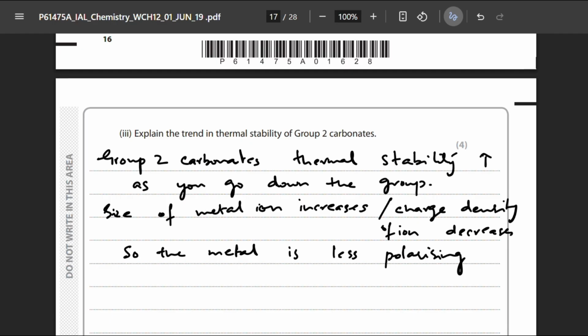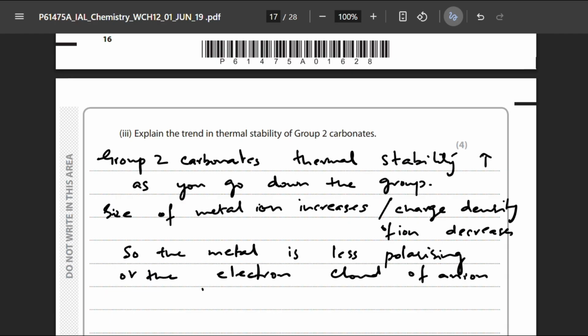As you know, according to Fajans' rule, if the metal ion is small, it has more polarizing power and can polarize an anion more strongly. So the larger the size of the metal ion, the less the polarizing power.